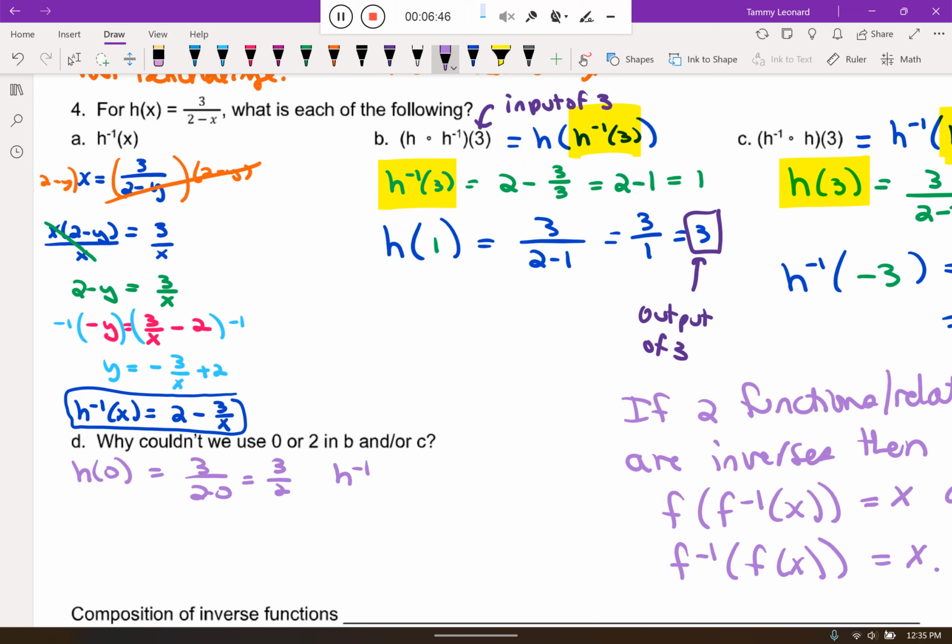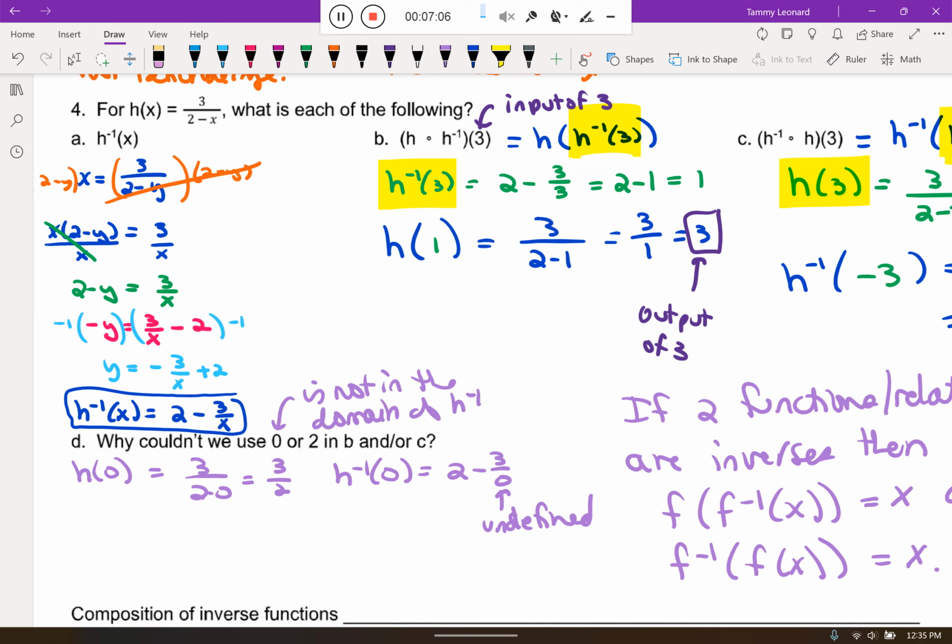But if I do h inverse of 0, I would say 2 minus 3 over 0, and that's undefined. We can't do that. So 0 is not in the domain of h inverse. So I can't use 0 to test and see what's going on because it's not in the domain of the inverse.